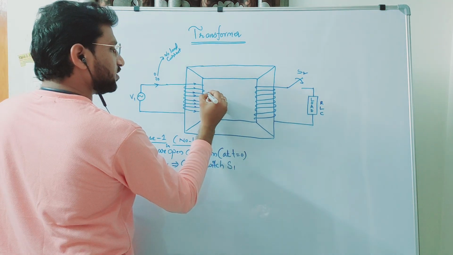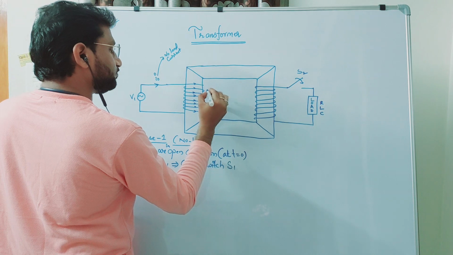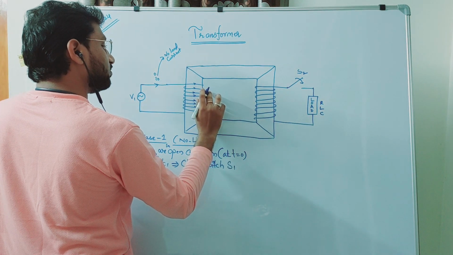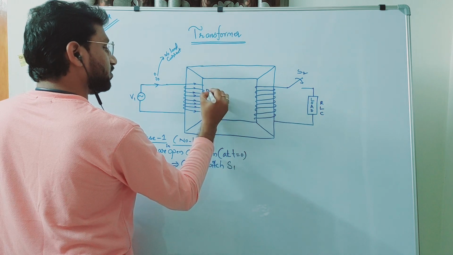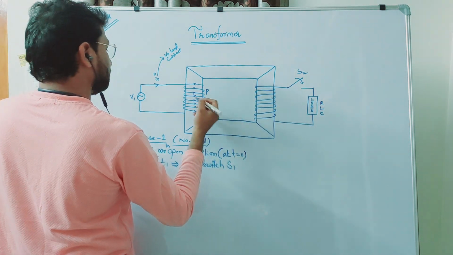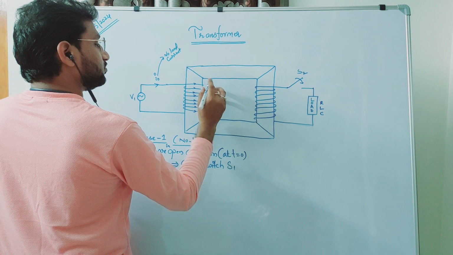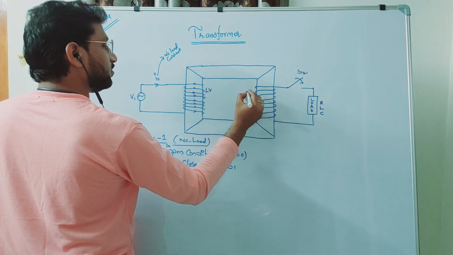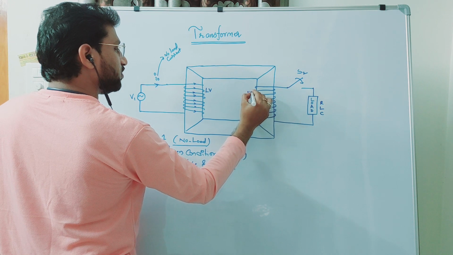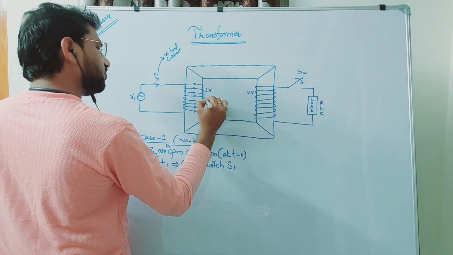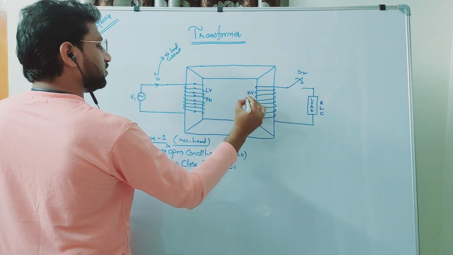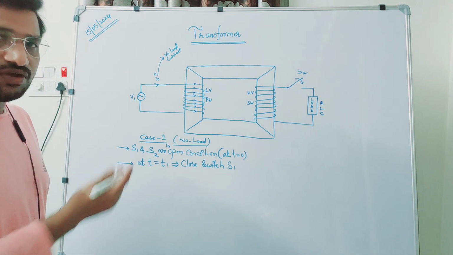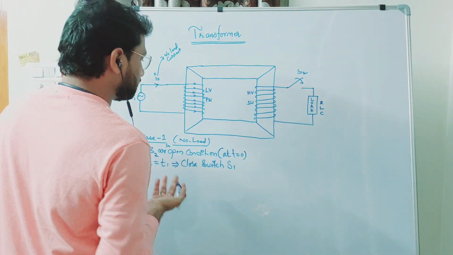Let us mark this as primary winding P1, or let us take it as LV or HV, that is low voltage winding, high voltage winding, or you can simply say it is a primary winding or a secondary winding. There are many nomenclatures with which you can call them, it just depends on your assumption.